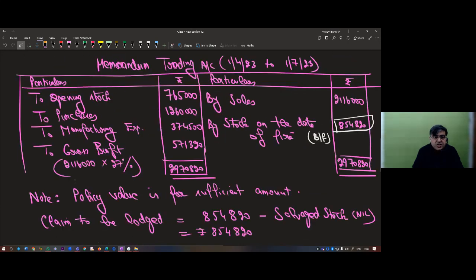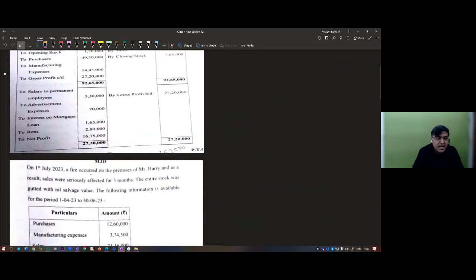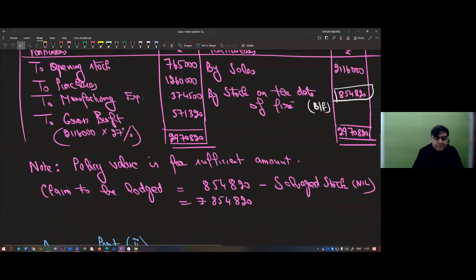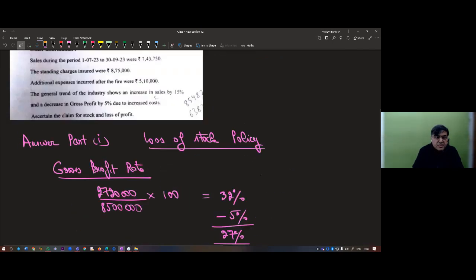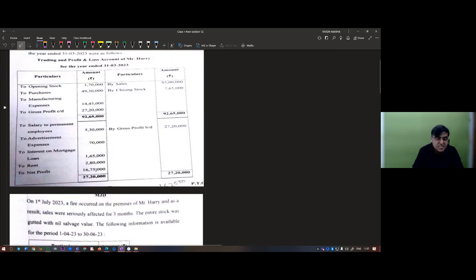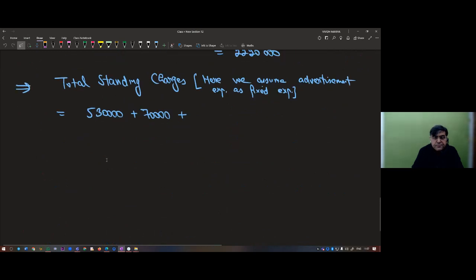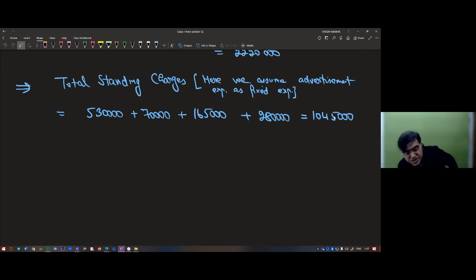So the total standing charges are 530 plus 70 plus 165 plus 280, that is 10,45,000. All set, all done, ready for the answer.